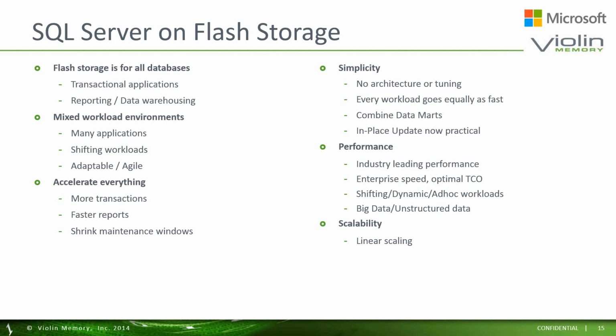And performance: industry-leading performance, enterprise speed, optimal TCO for your applications. And you can shift between dynamic and ad hoc workloads a lot. And scale, this is also important. Performance is scalable.